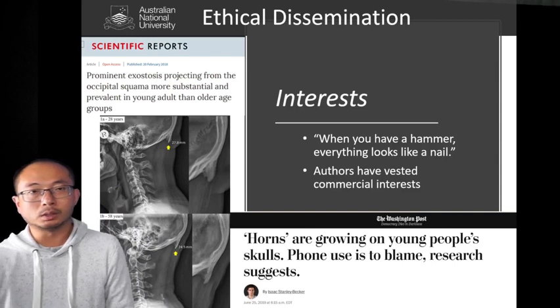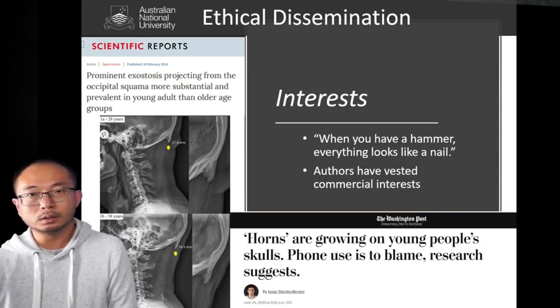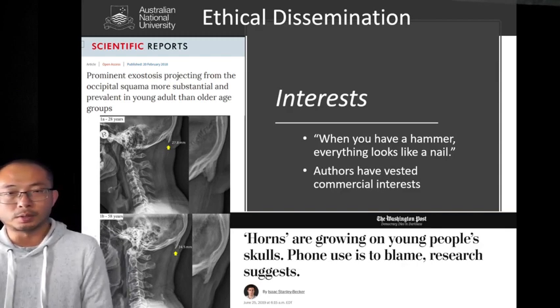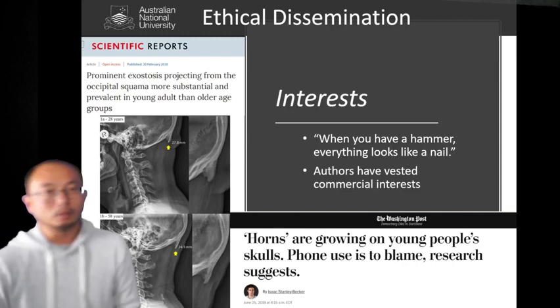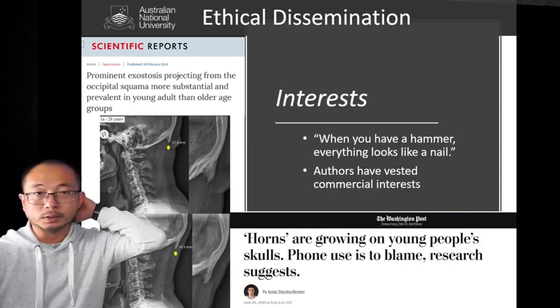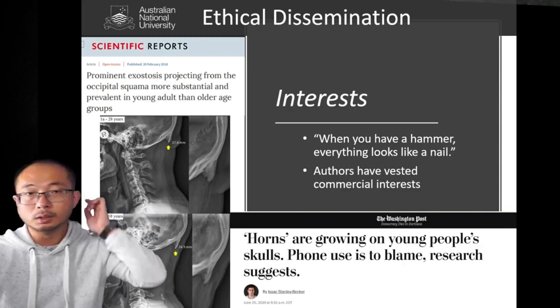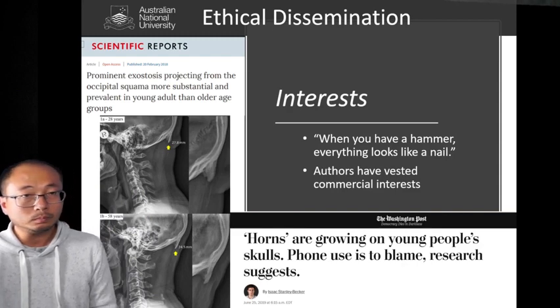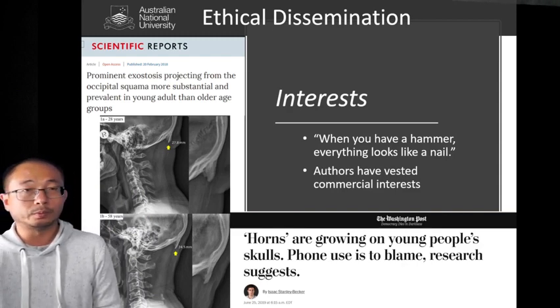But actually, this is not the case. Any human archaeologists or bioanthropologists will tell you that this spur at the bottom of the back of the head is actually quite common in male primates.